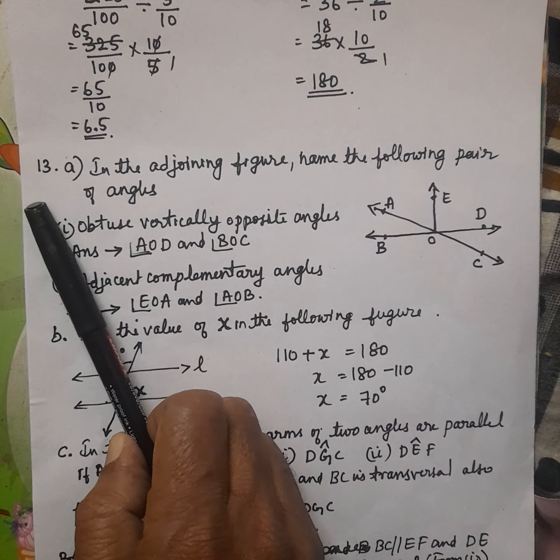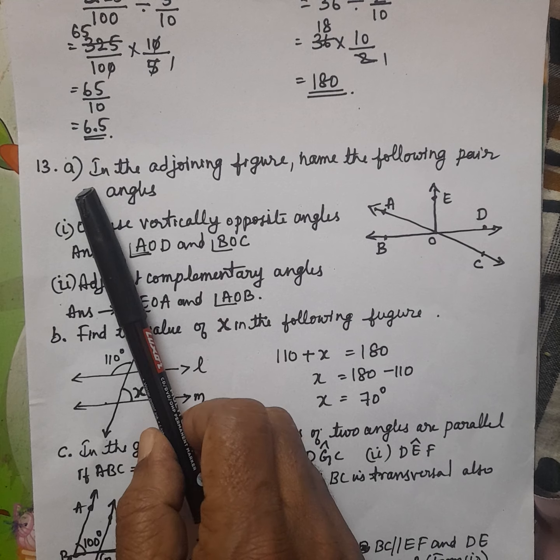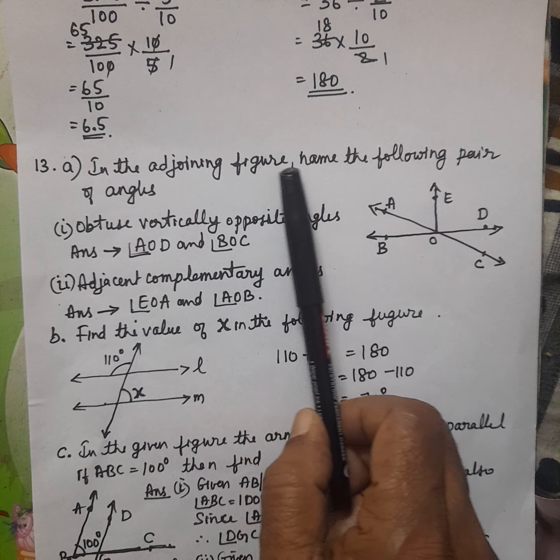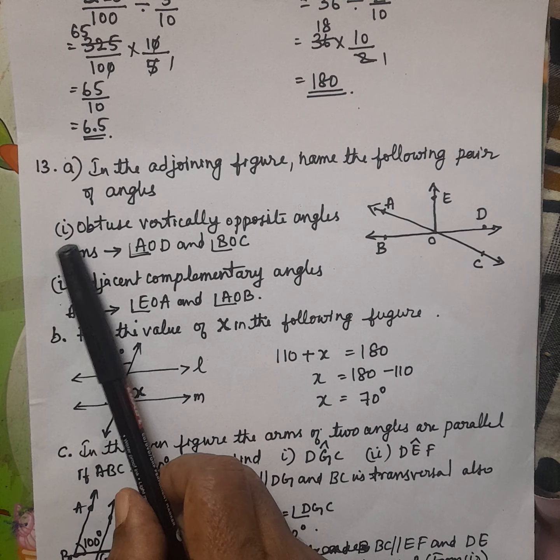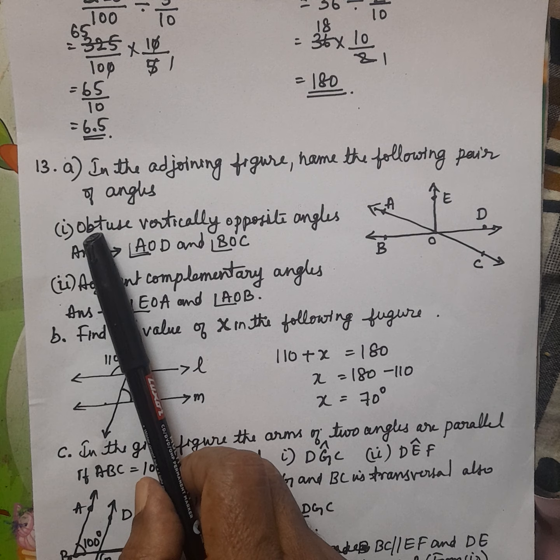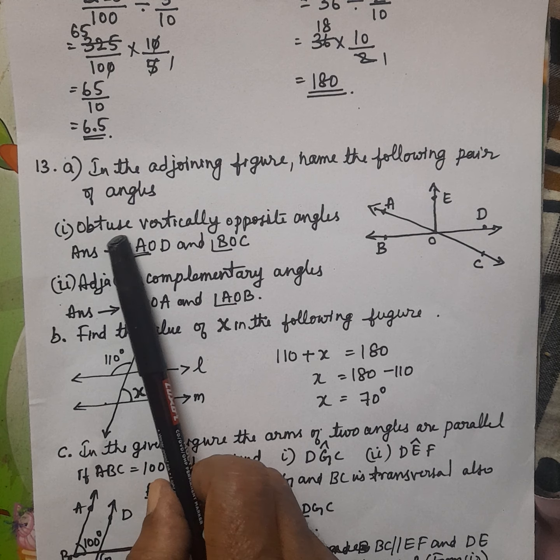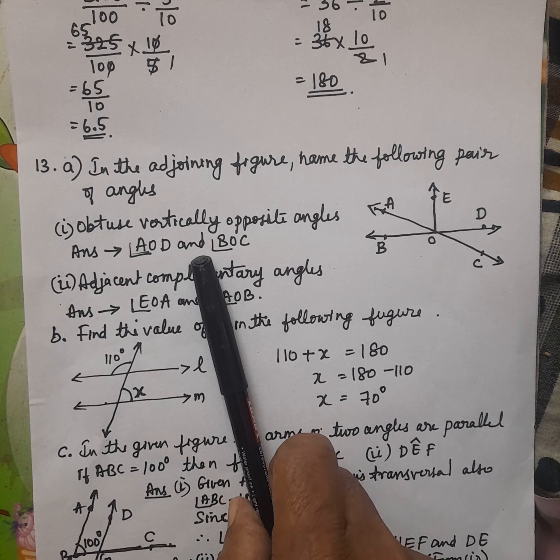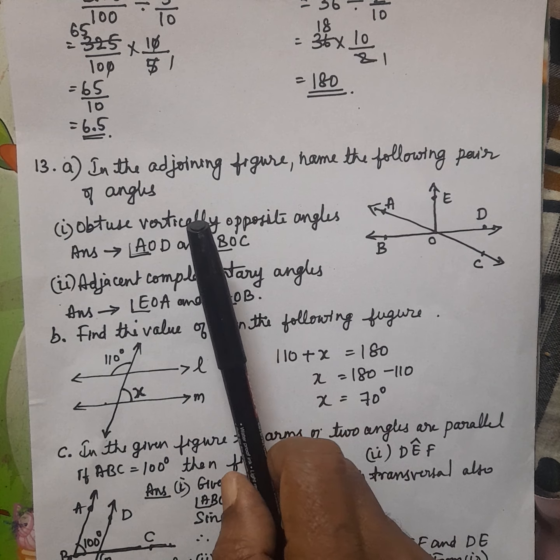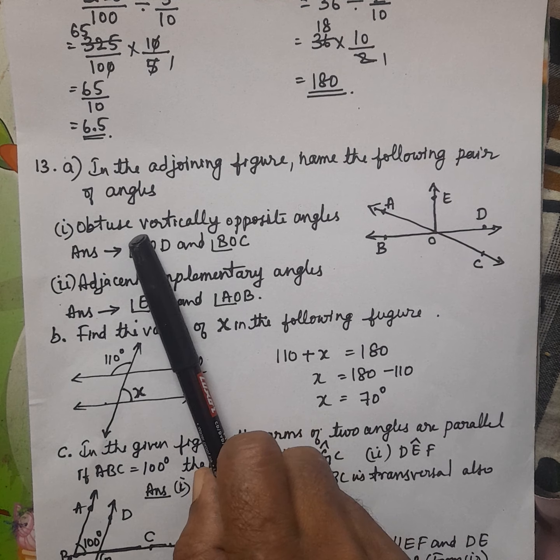Now coming to the next question, 13th main question. In that, A, in the adjoining figure, name the following pair of angles. Number 1, obtuse vertically opposite angles. What is an obtuse angle? Obtuse angle means an angle which contains more than 90 degrees.